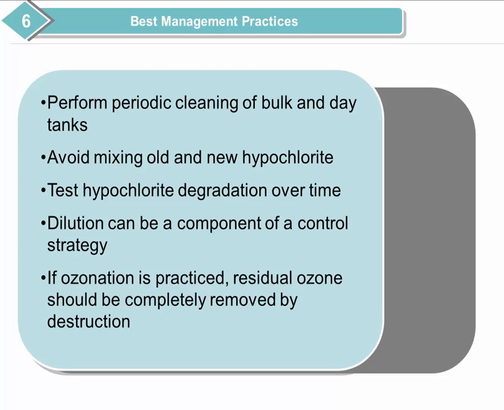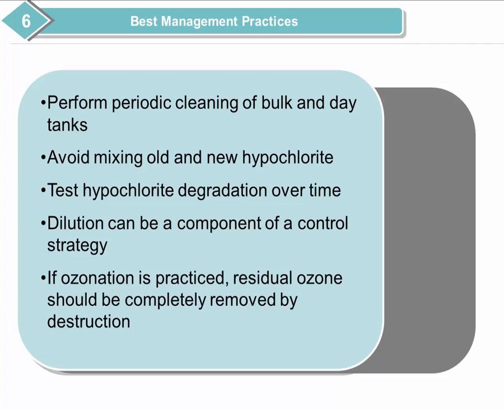Avoid mixing old and new hypochlorite to avoid increasing concentration of chlorate during storage. Some of the survey's results indicated that 87.2% of the public water systems do not have empty bulk tanks at the time of delivery.